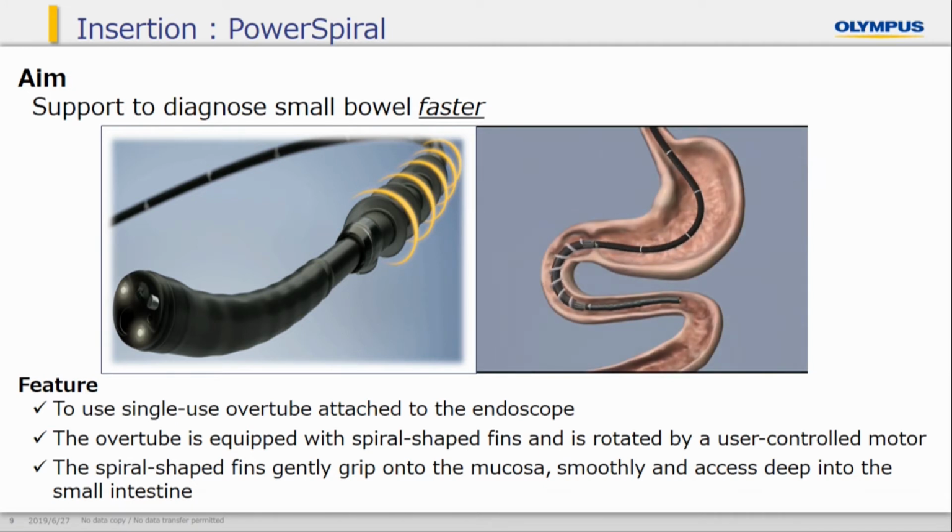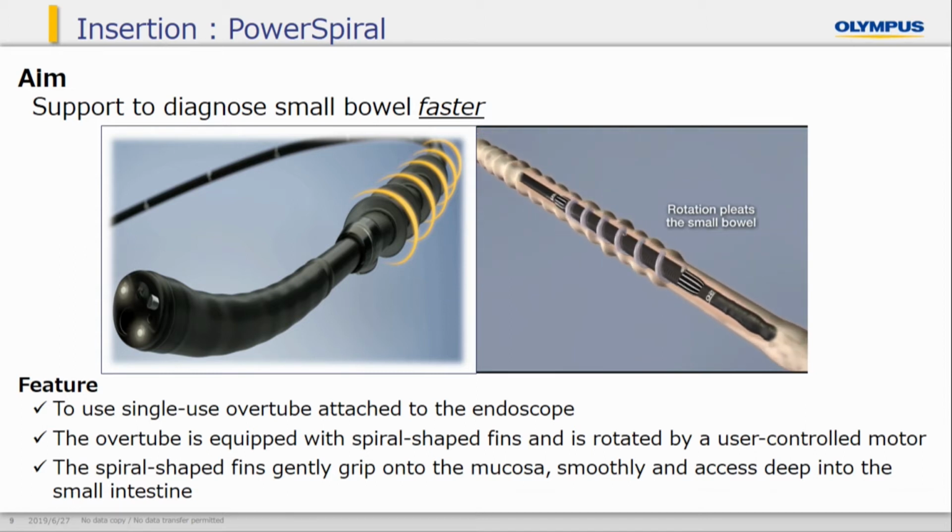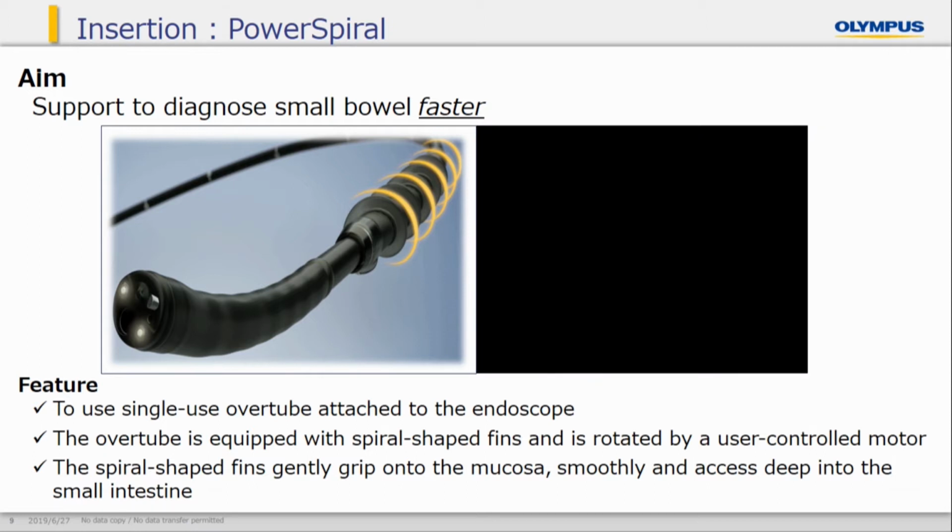The spiral shaft fins grip gently onto the mucosa, as you can see in this movie, so you can move more smoothly and access deeply into the small bowel. As I mentioned, this power spiral has been launched this year in several regions in the US and European countries.